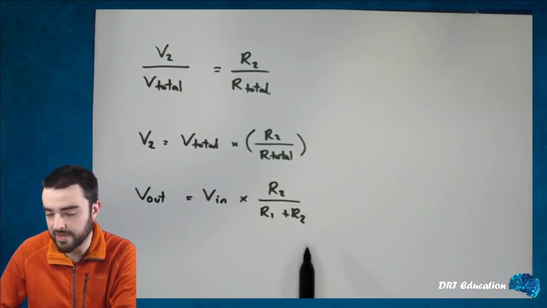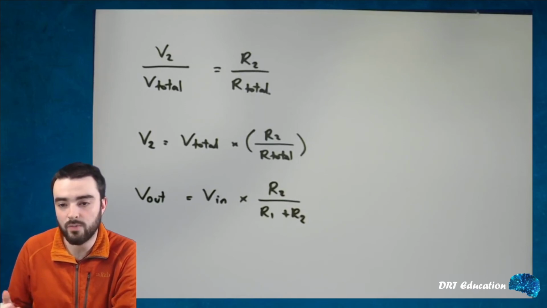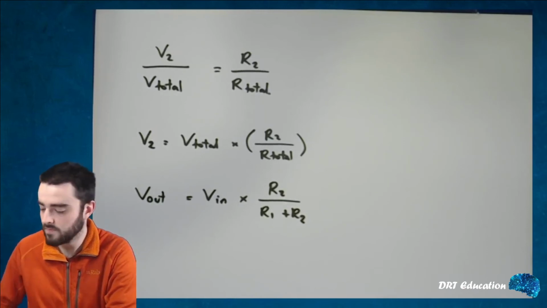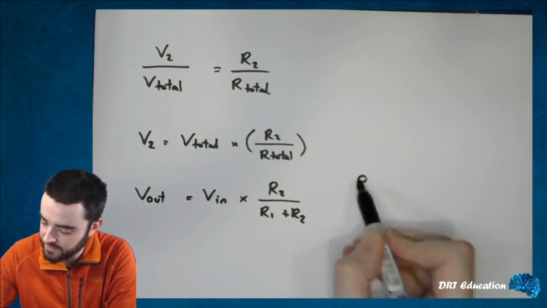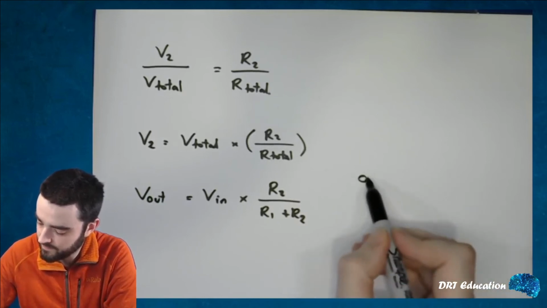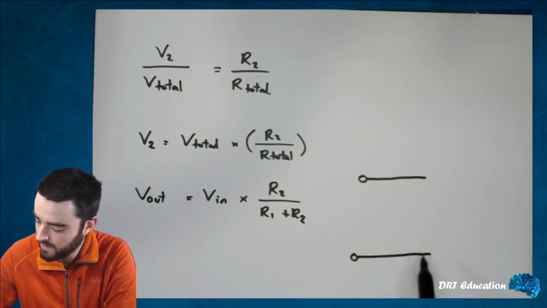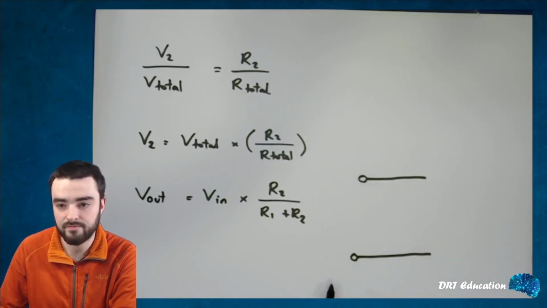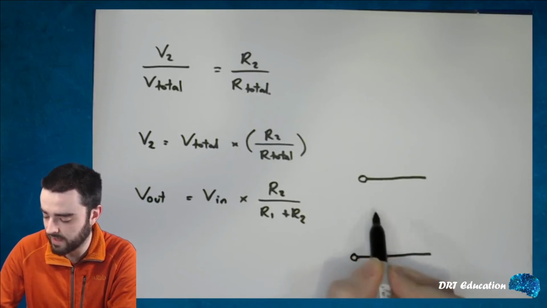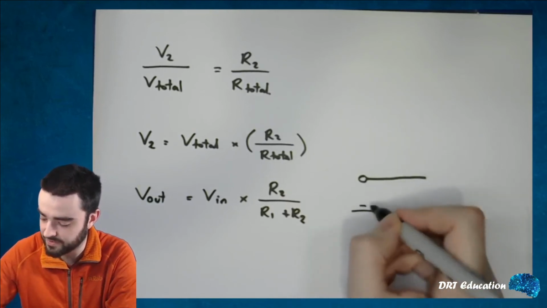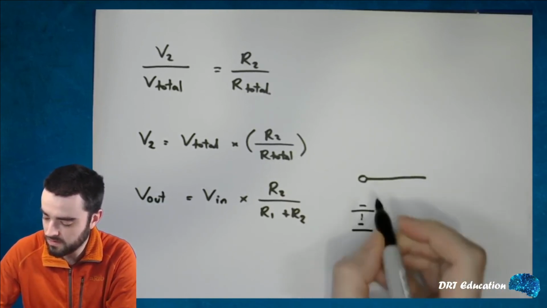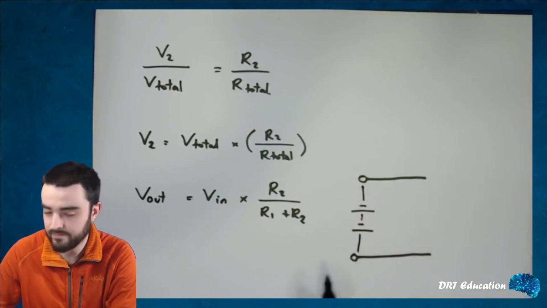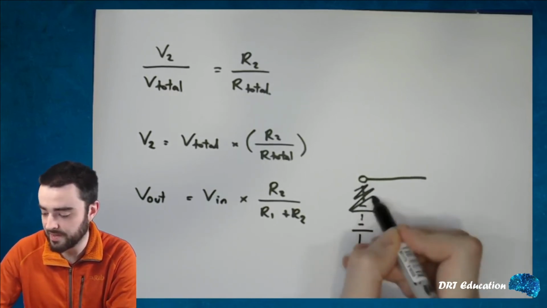The reason for this is that it's relating to a particular circuit. And that circuit looks a bit like this. If you have a potential difference between these two points, it's as if you've got a battery in between, but we don't show this bit.